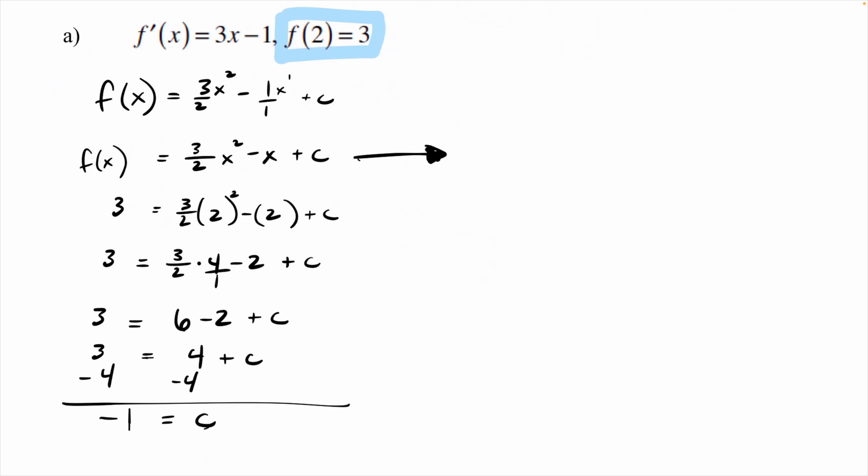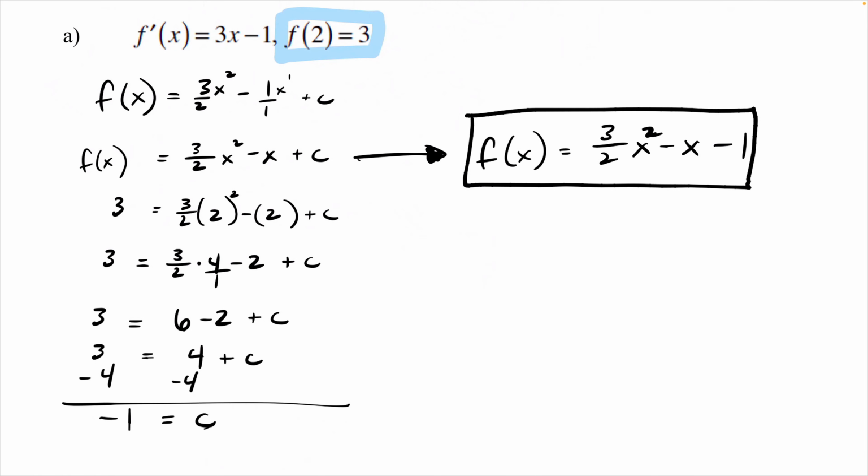So we're going to take the general solution that I had before and make it specific to this problem. So if x is 2 and y is 3, that means c has to be negative 1. Okay?